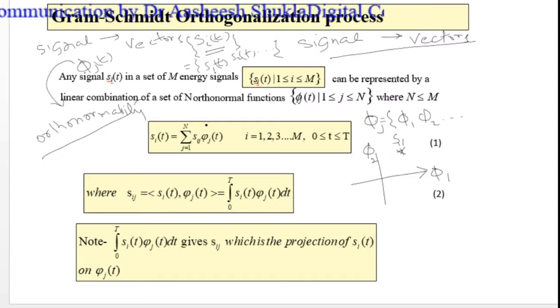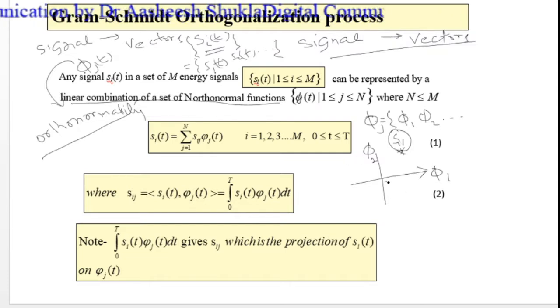So it means that with the help of the Gram-Schmidt orthogonalization process, you are trying to find a vector set which first follows the condition for orthonormality, and all the vectors in the given vector set si(t) can be written as a linear combination of n orthonormal functions, right? For example, here S1 can be written in terms of phi 1 and phi 2.